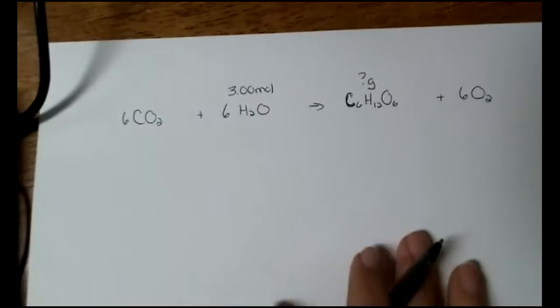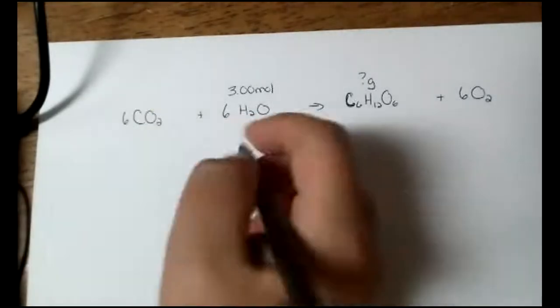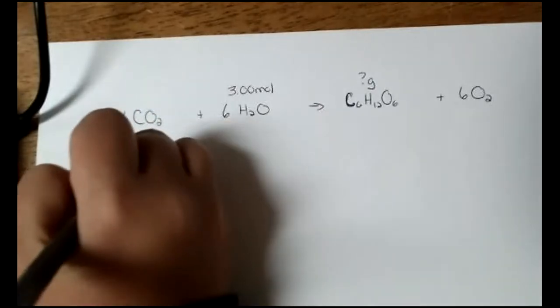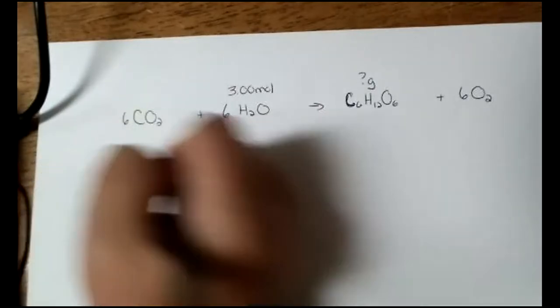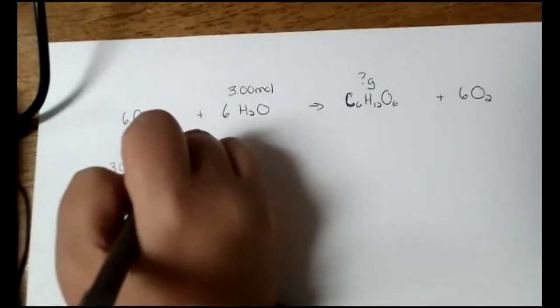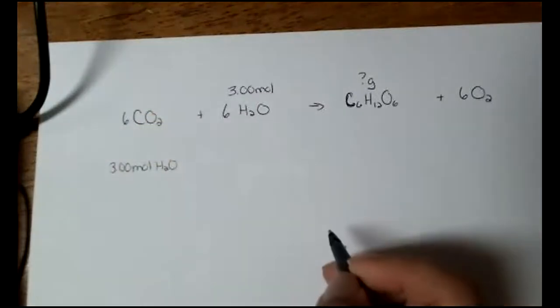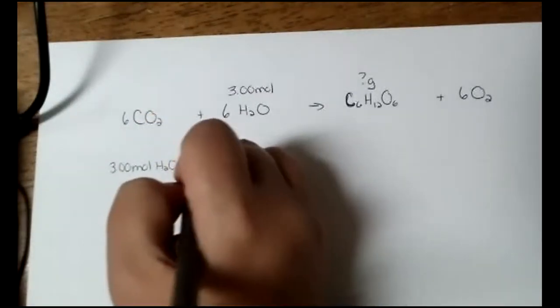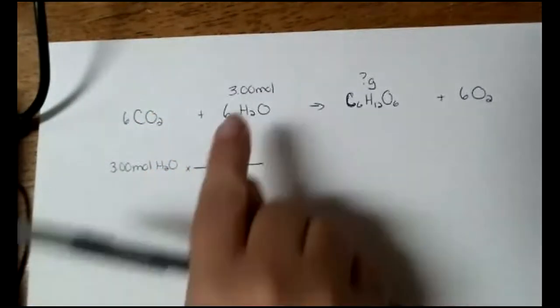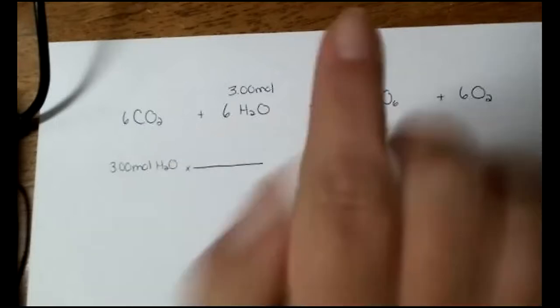So using our little road map, I'm going to start with my known or given in moles, 3.00 mole of H2O. Then I'm going to go to my mole ratio, so it's 6 to 1.